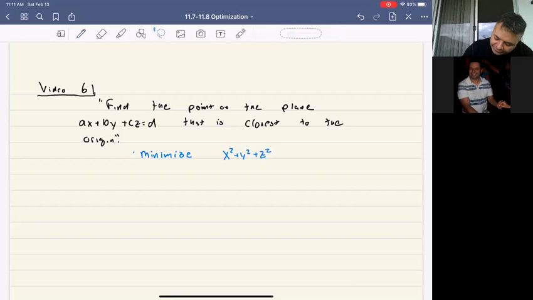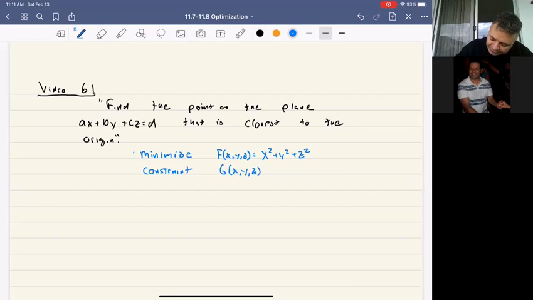Let's call that f of x, y, z. And our constraint is g of x, y, z is, of course, the equation of the plane.